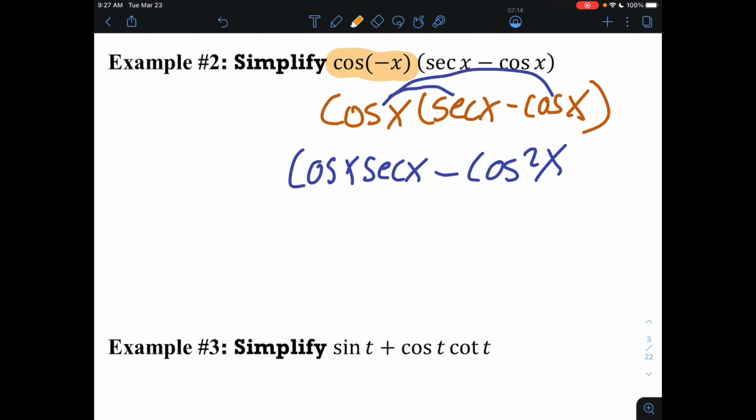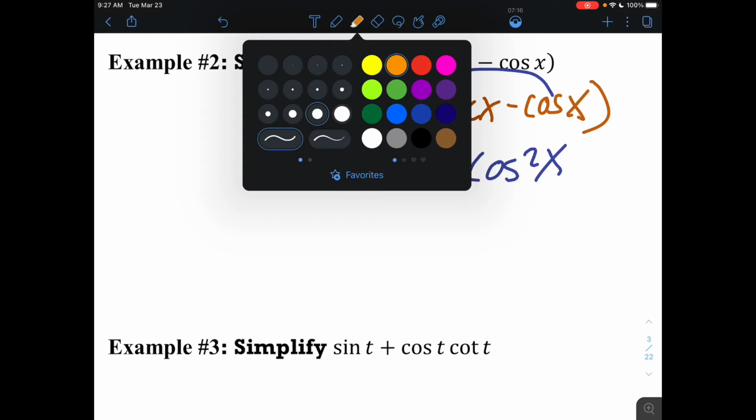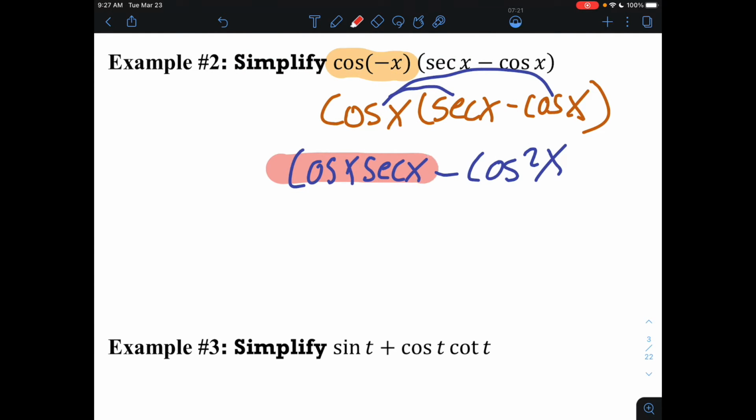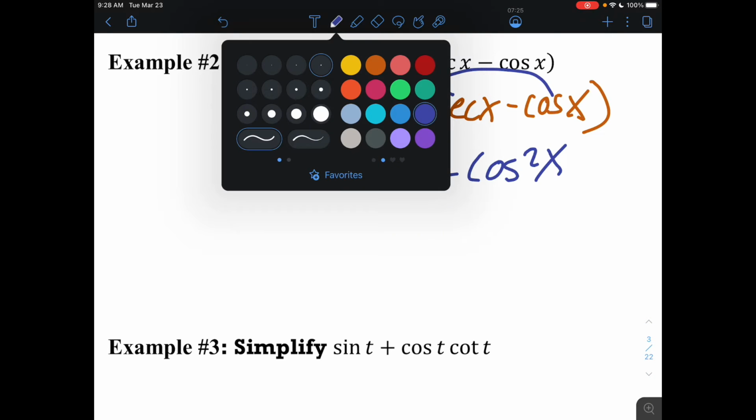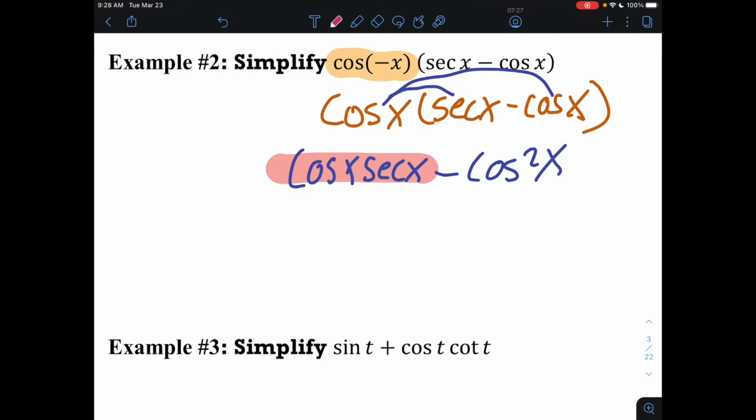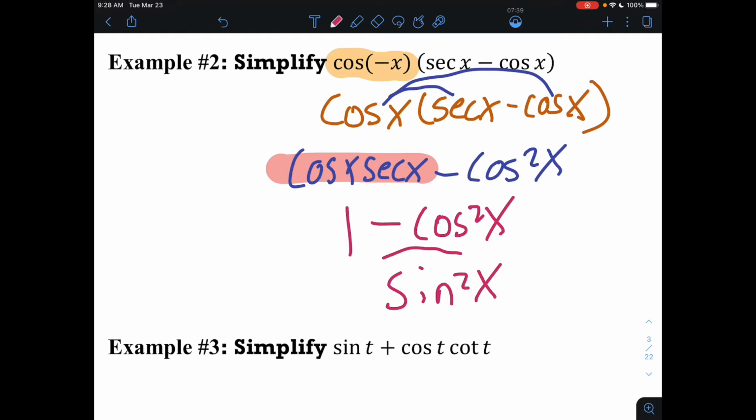Cosine and secant, those are reciprocals of each other. So cosine times secant just becomes 1. So now we have 1 minus cosine squared. 1 minus cosine squared is sine squared. So that is as simple as possible.